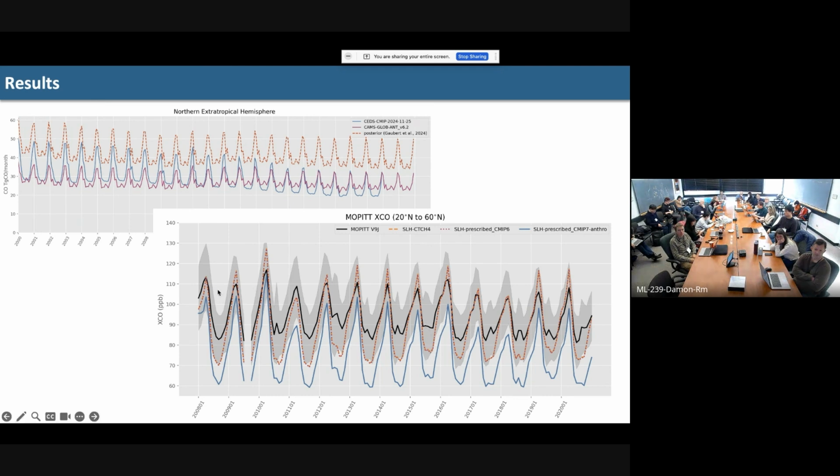The CEDS emissions that are lower are also underestimating, but they somehow represent quite well the peak in the winter, but they remain underestimated. So it means that the SLH doesn't completely solve the problem for the northern extratropical hemisphere bias in CO, although it would probably have been worse using just TS1.